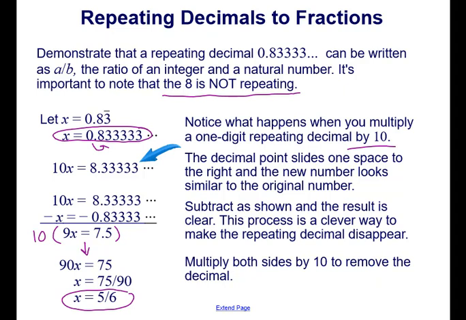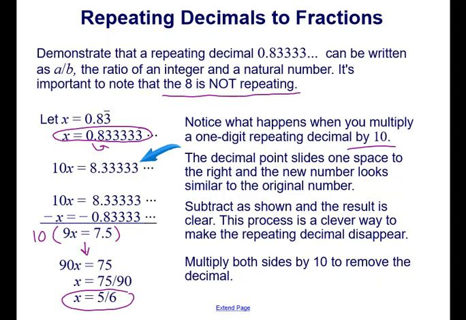We were able to convert from that decimal form to the fraction form. We just had to be careful because we had a digit that wasn't repeating, which was different from our other examples where the repeating part was the only digit in the decimal.